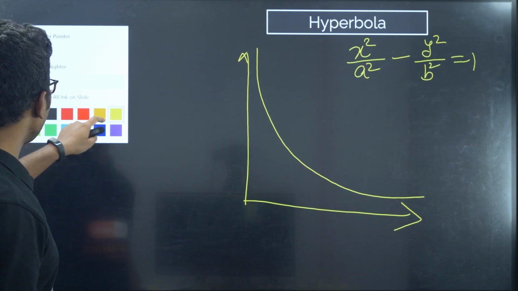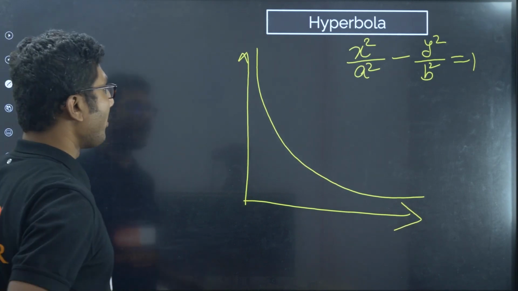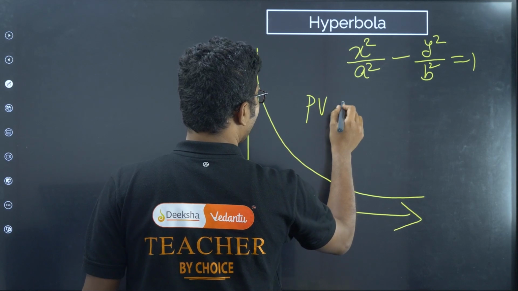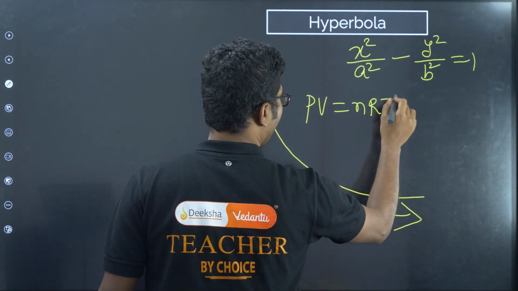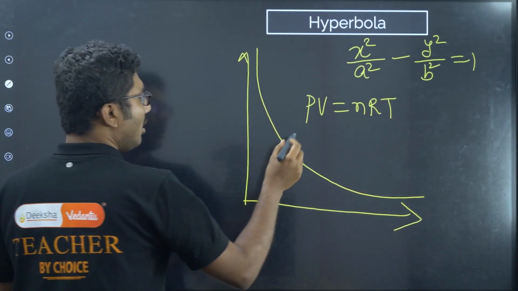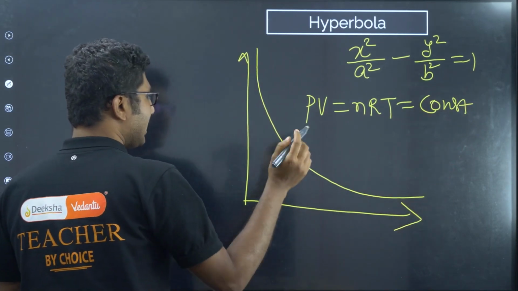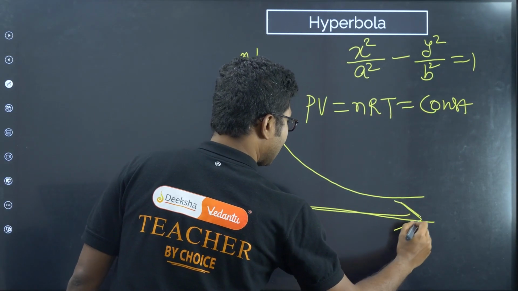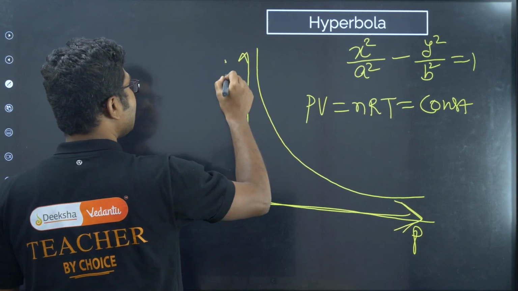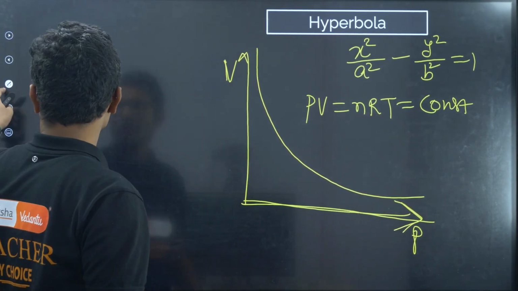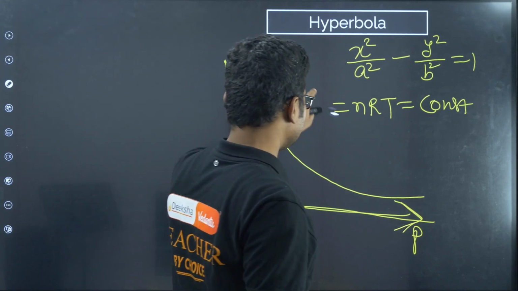Now what are examples of a hyperbola? A common example is the ideal gas law, PV equals nRT, or PV equals constant. Now if PV is constant, and you plot P along this direction and V along this direction, then the corresponding graph will look like this.